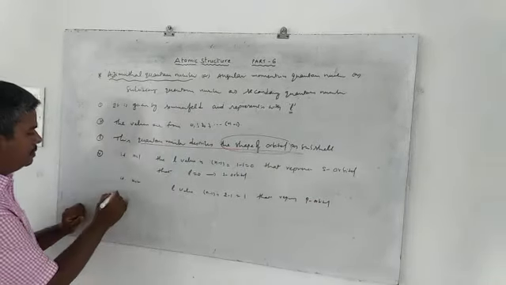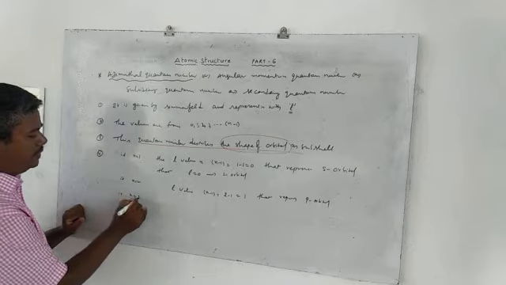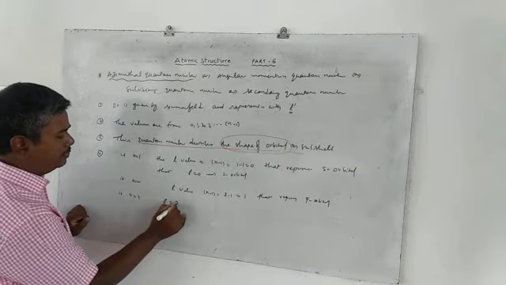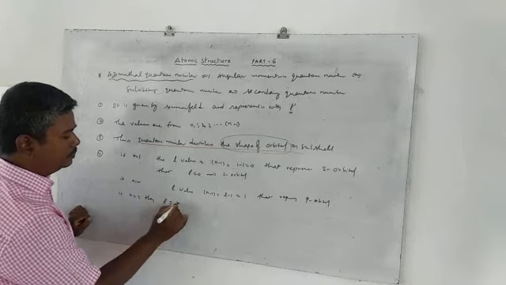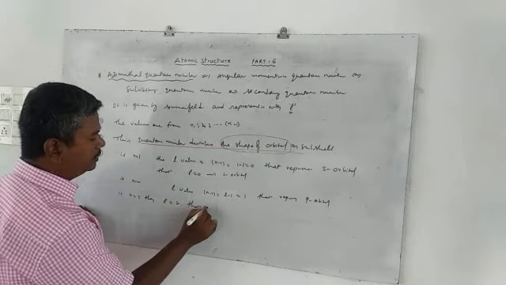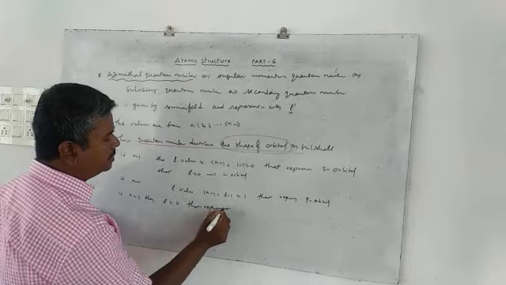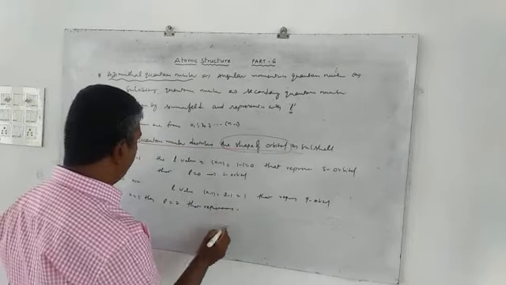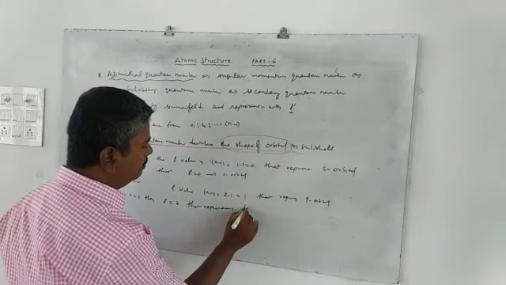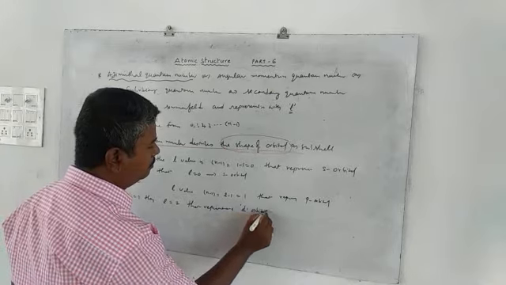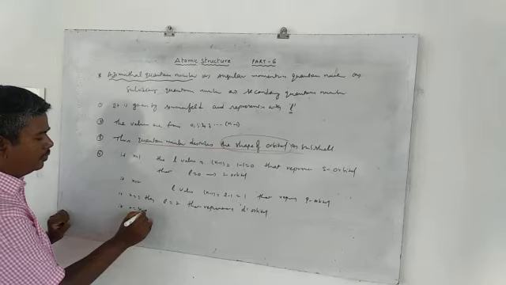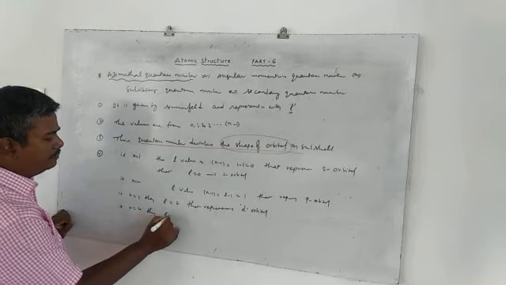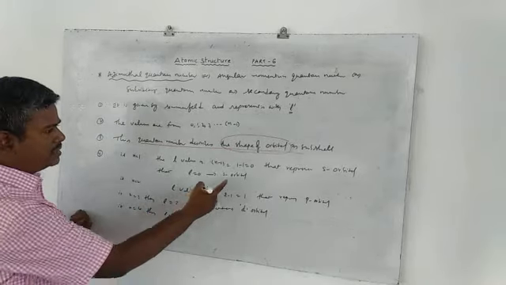As well as if n equal to 3, then L equal to 2. That represents which one? D orbital. If n equal to 4, then what is the L value? 3, because n minus 1.